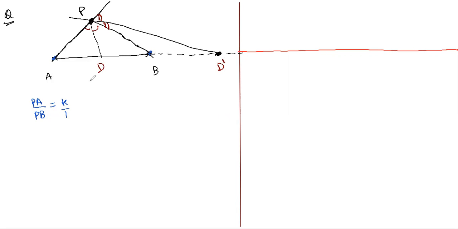See, AB extend करने के बाद D dash point पर है, ठीक है? So then this external angle bisector theorem, I want you guys to guess. Just make an intelligent guess what the theorem might be stating. Proof की कुछ जरूरत नहीं. Just make an intelligent guess. Try to guess.